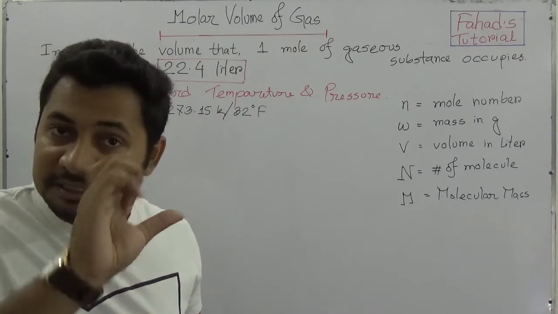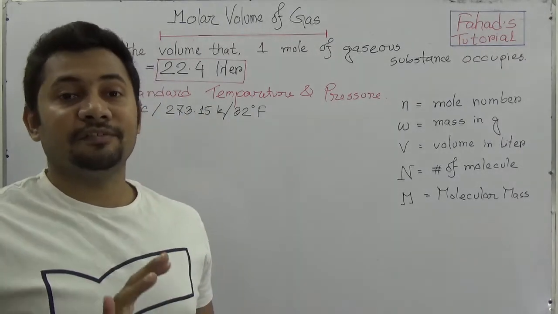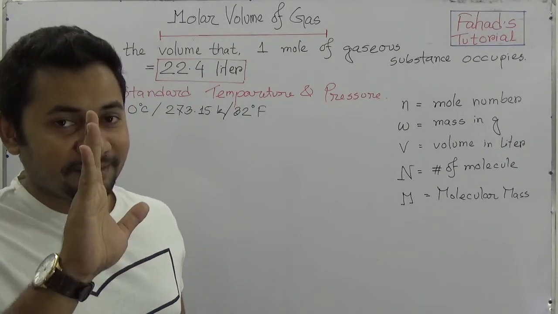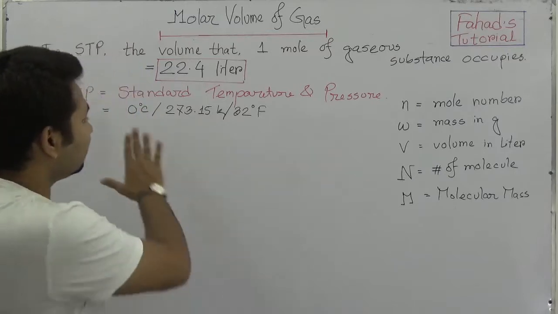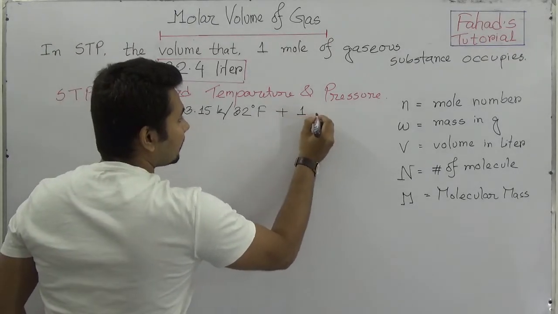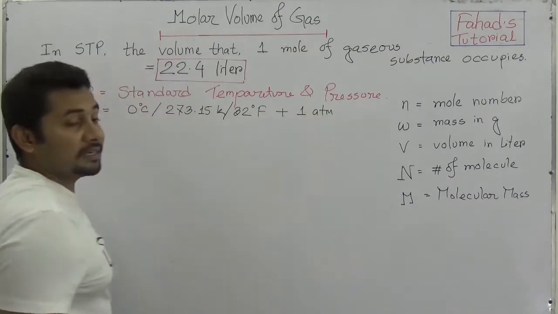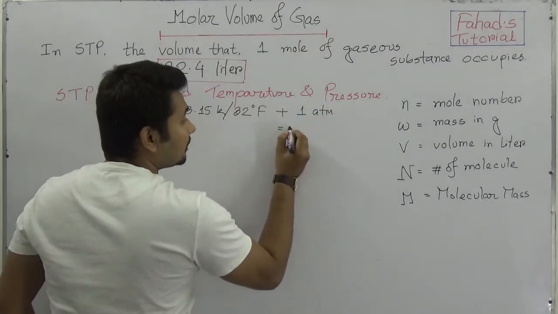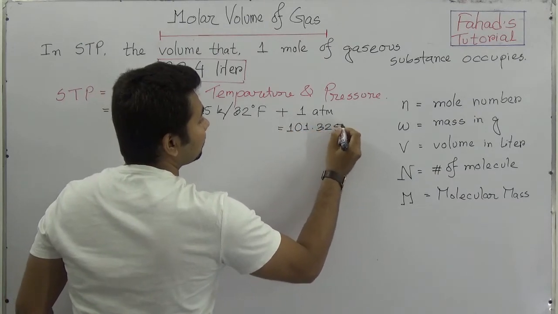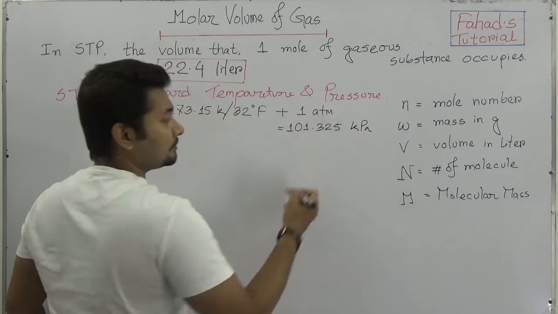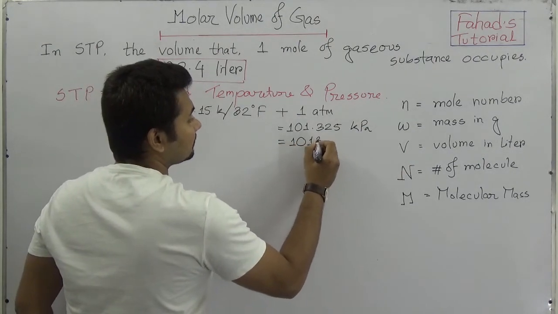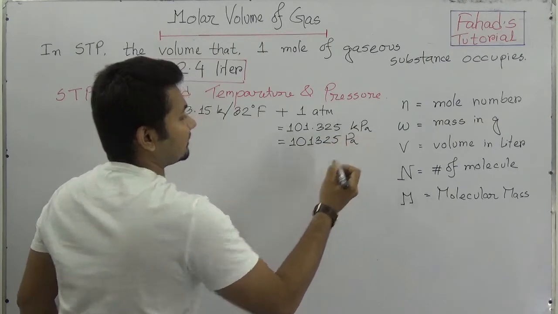In that chapter you studied the different scales of temperature: Celsius, Kelvin and Fahrenheit. It's all the same. And the pressure is 1 atmosphere, which is called 1 atm, and this is 101.325 kilopascal, or 101,325 Pascal.